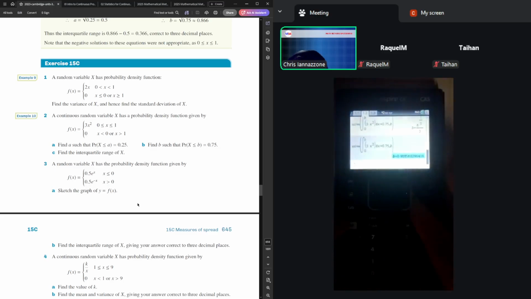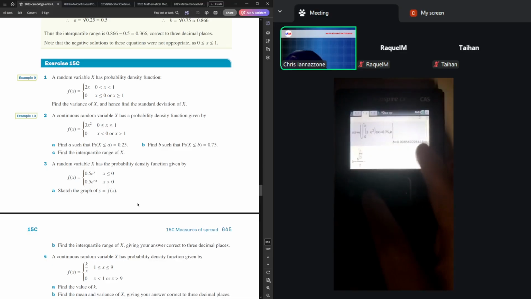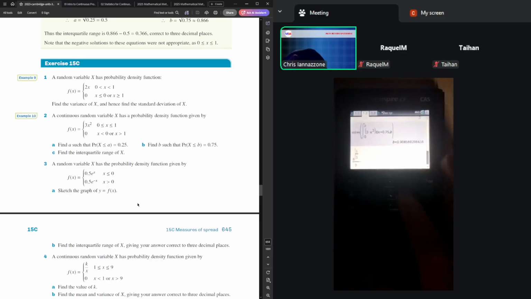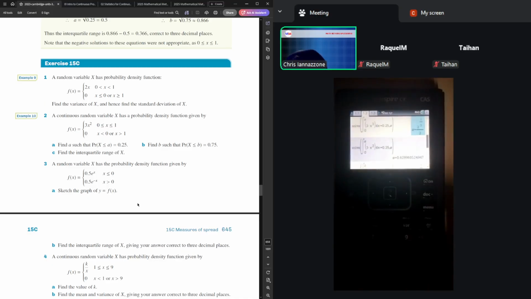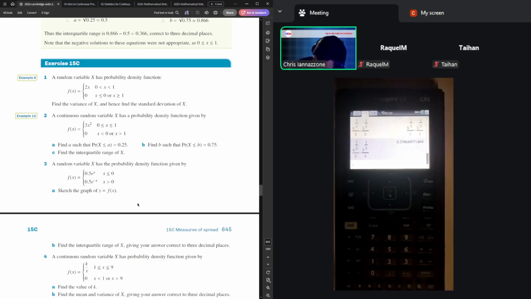So if we get this and then subtract the other one, we will get our interquartile range. Yeah, of course. Okay. That's going to come out to be 0.278.